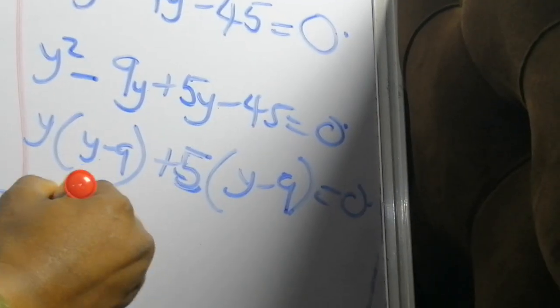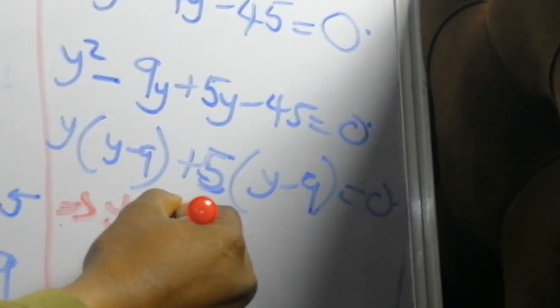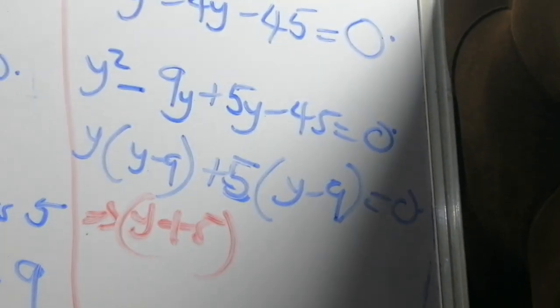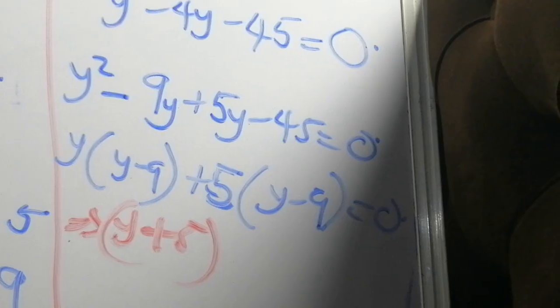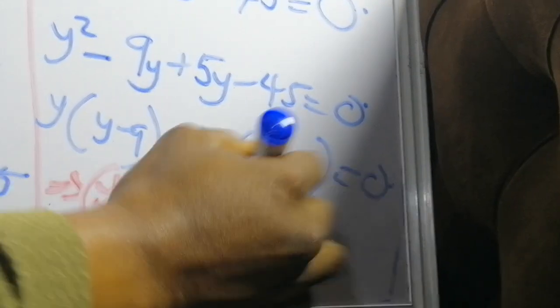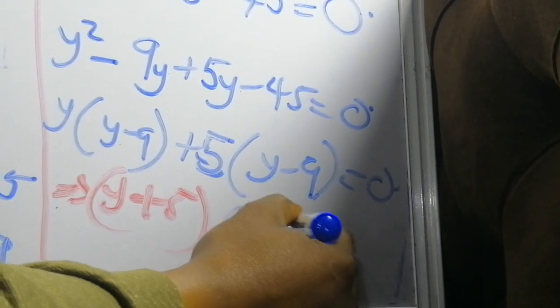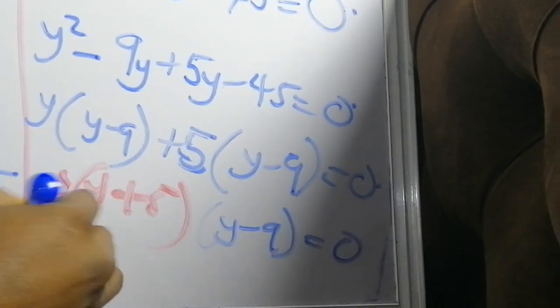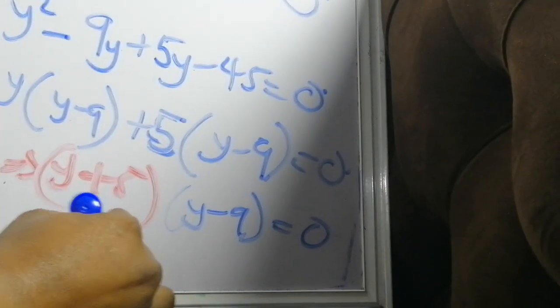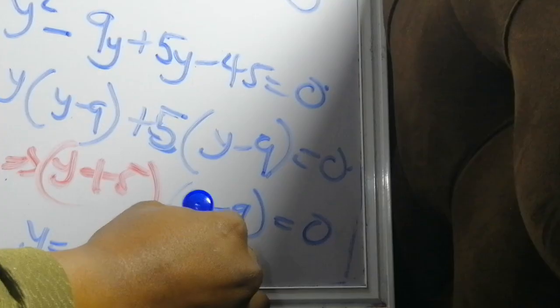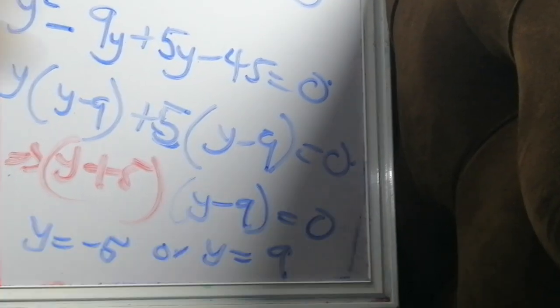So in this case, that implies y plus 5, then you have y minus 9 equals 0. This is the same thing as y equals minus 5 or y equals 9.